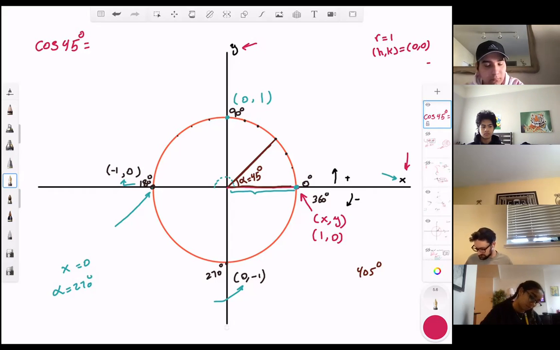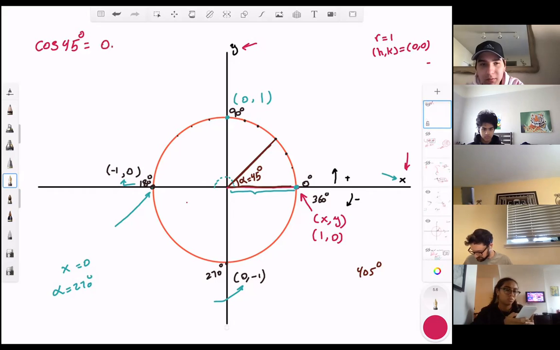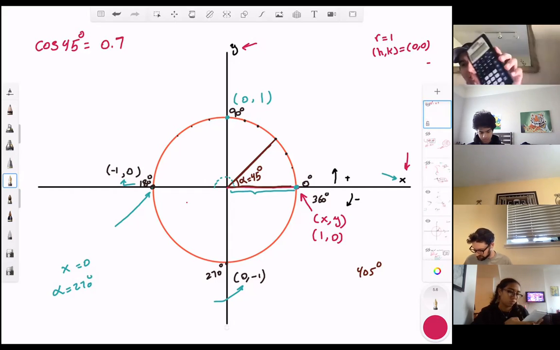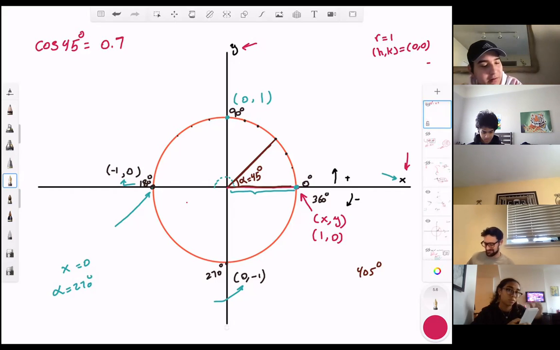Elizabeth, what's that? 0.7. Say again. 0.7. Yeah, that's correct. But is this exactly 0.7? No, it has a lot of decimals. I know a lot of them, but tell me a few. 0, 7, 1, 0, 6, 7, 8, 1.